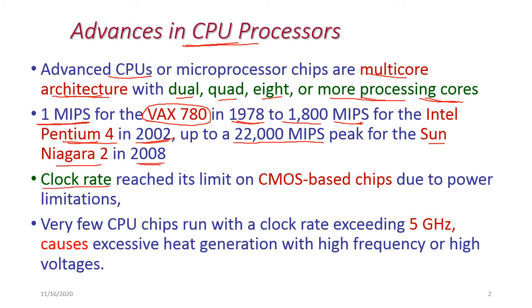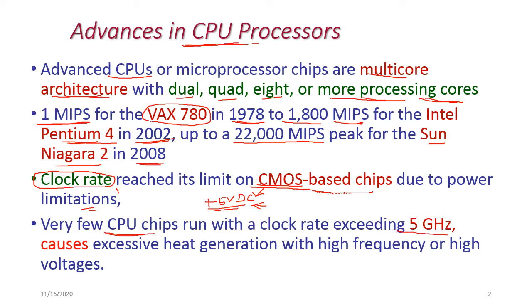The next very important thing is the clock rate of CPU processors, which reaches the maximum limit for CMOS based chips. CMOS means complementary metal oxide semiconductor. Due to the power limitation, these CMOS chips operate on plus 5 volt DC, and if you want to increase the clock rate it must consume more power, and very few CPU chips have very high speed exceeding 5 gigahertz.